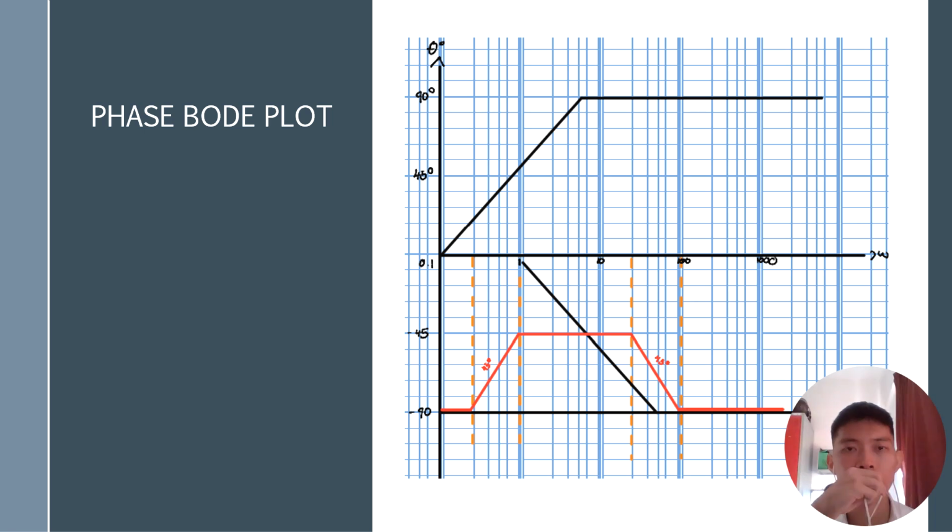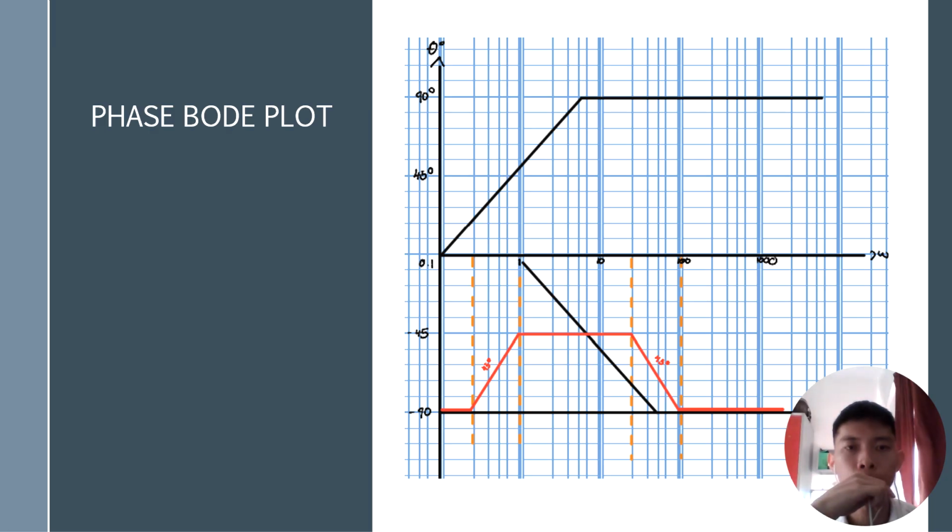A zero contributes a total phase shift of plus 90 degrees. The transition typically starts a decade before the corner frequency, at 0.1ω, and ends a decade after, at 10ω.